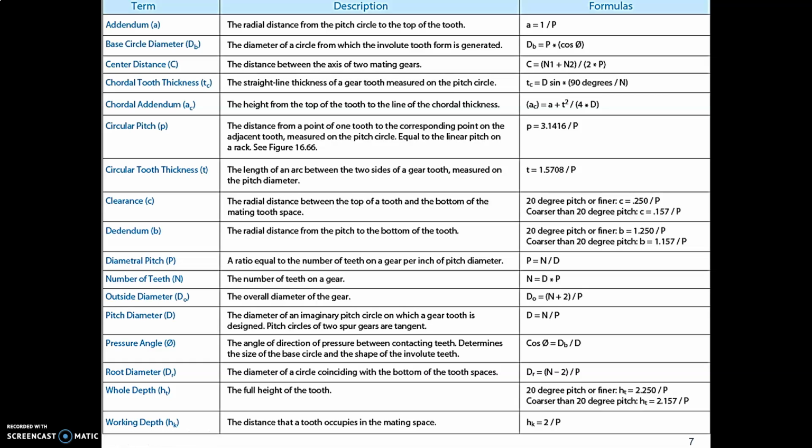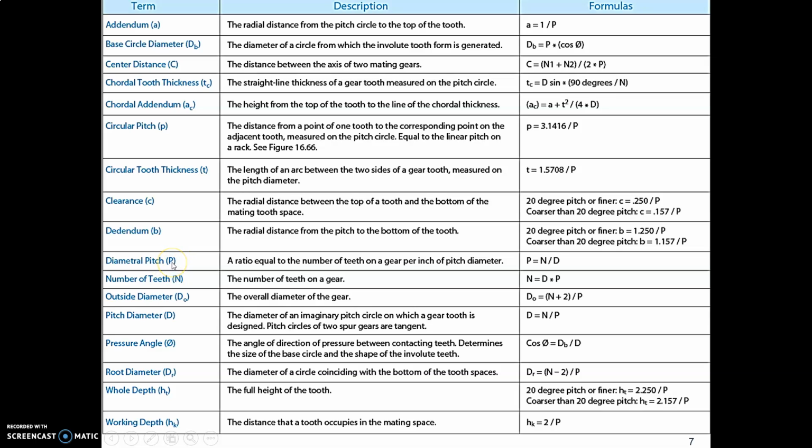Now, this chart is out of our book, and we will look at it again in our next set of slides when we start drawing our spur gear. This chart lets you figure out, if you know something, like maybe you know the diametral pitch, can you figure out the addendum? And so here we see, here's the diametral pitch.